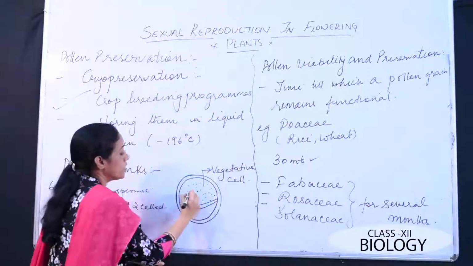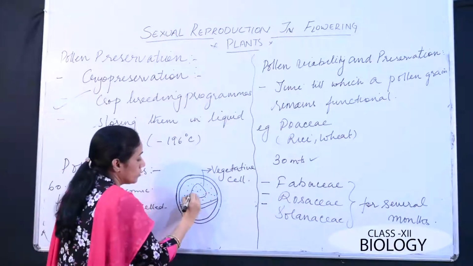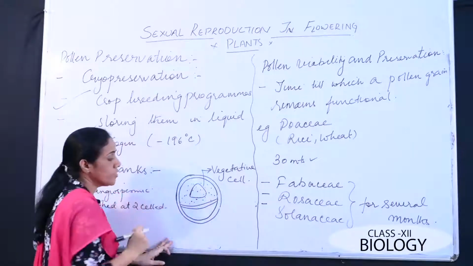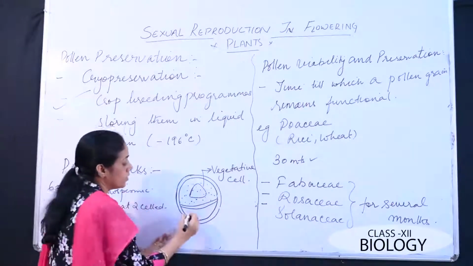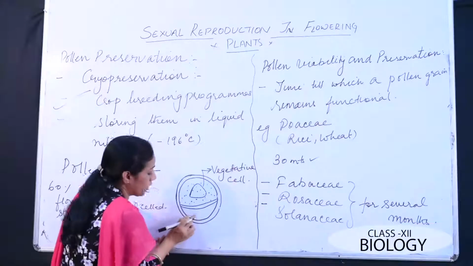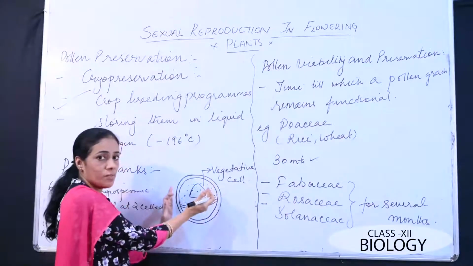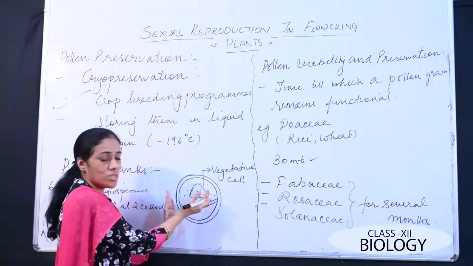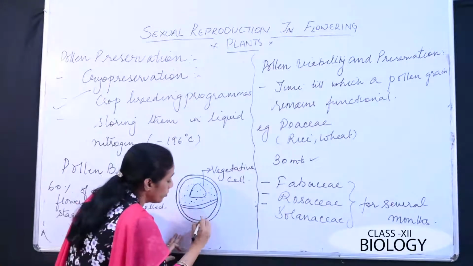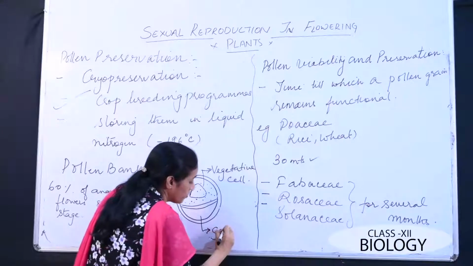And you can see the vegetative cell has an uneven nucleus, and this lower part is quite big. You can see the vegetative cell is quite big in size, and the nucleus is also uneven. And here the lower portion is the generative cell.